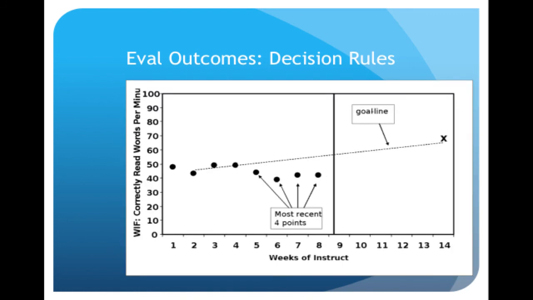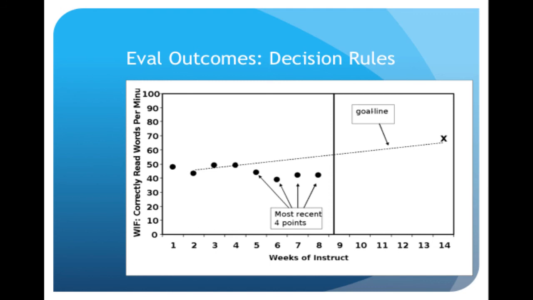On this graph, the most recent 4 scores are below the goal line. Therefore, the teacher needs to change the student's instructional program. The end-of-year performance goal and goal line never decrease. They can only increase. The instructional program should be tailored to bring a student's scores up so that they match or surpass the goal line.